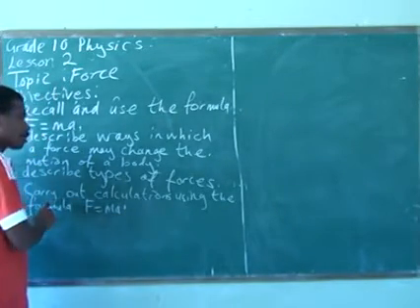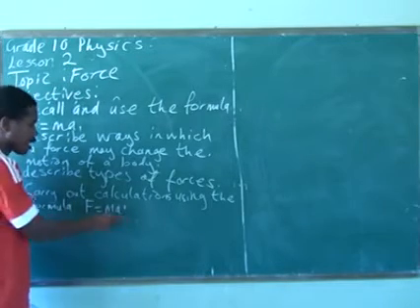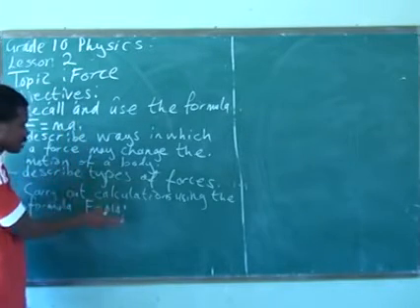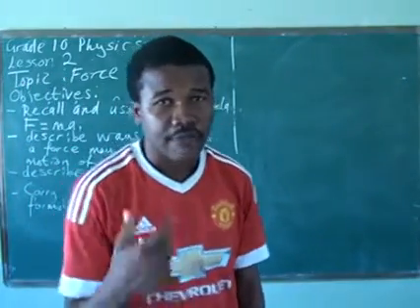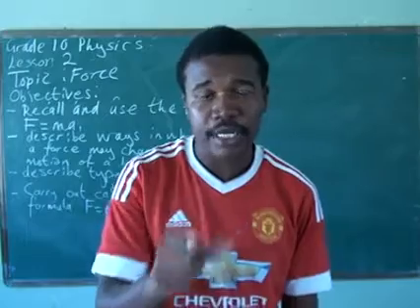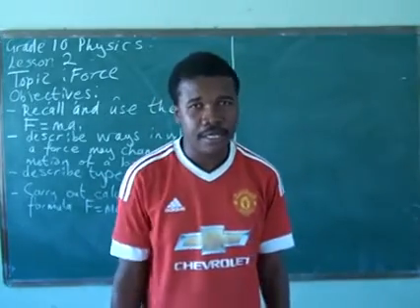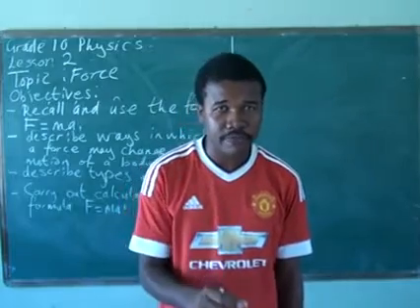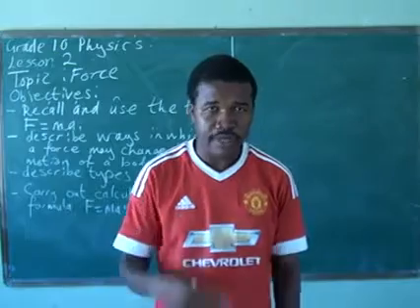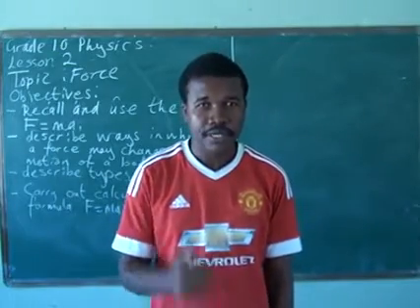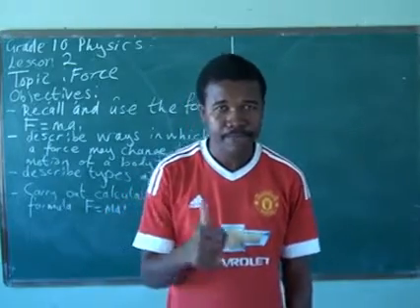By the end of this lesson, you should also be able to carry out calculations using the formula F equals ma. So pause the video for a bit, write down the objectives of the lesson, familiarize yourself, and prepare yourself for this lesson. You can pause the video just for a minute to gather yourself. Okay? Cool.